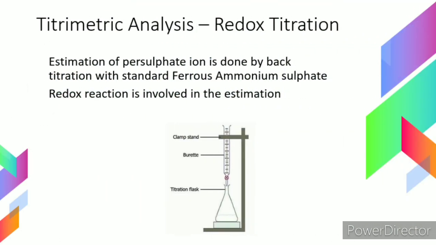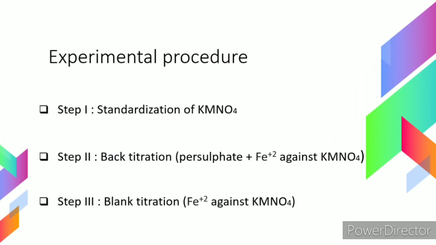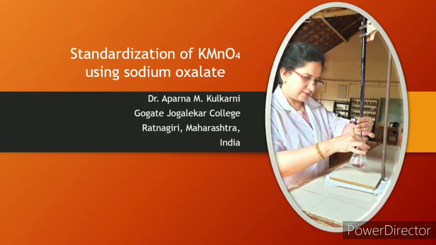Basically, we are doing titrimetric analysis. This experiment is a classic example of redox titration, and persulfate ions are estimated by the back titration method. We will perform this experiment in three parts. Let's check each step one by one. I have uploaded a separate video on standardization of KMnO4 using sodium oxalate.